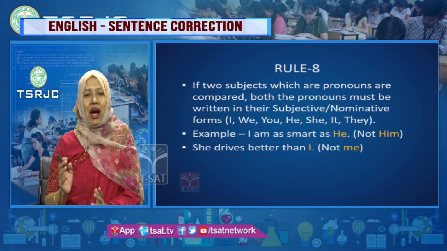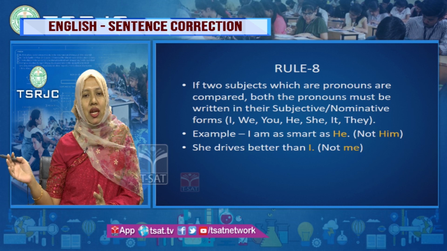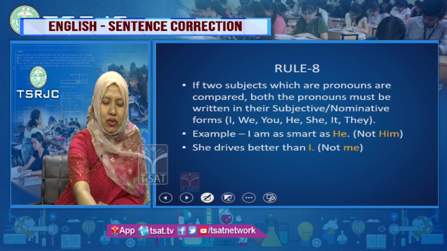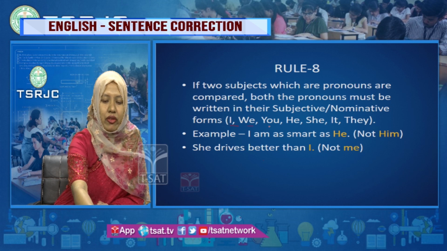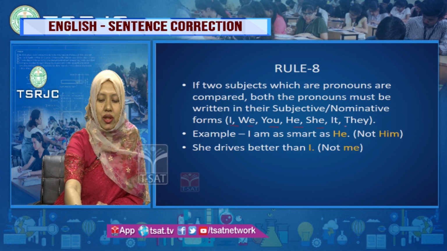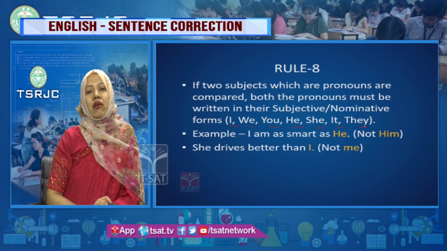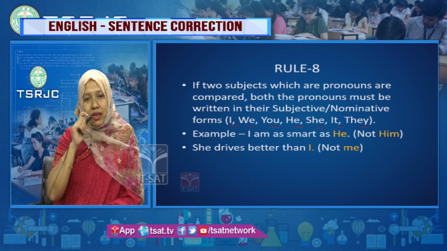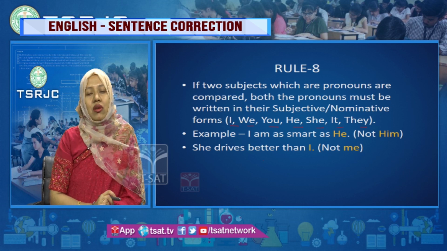For example, I, we, you, he, she, it, they, these all are pronouns which are used as subjects. We use I, we, you, he, she, it, they to start a sentence. When we start a sentence with these pronouns, always remember we should use another pronoun for the object.